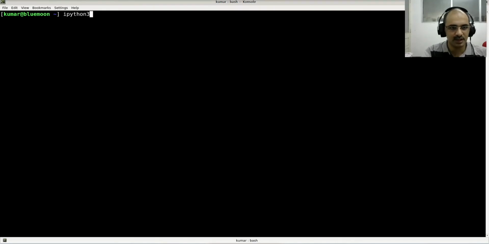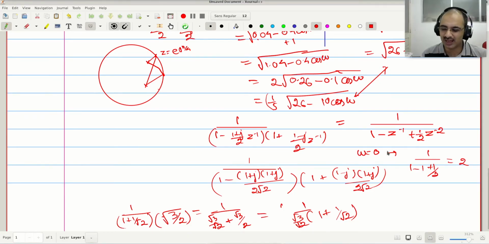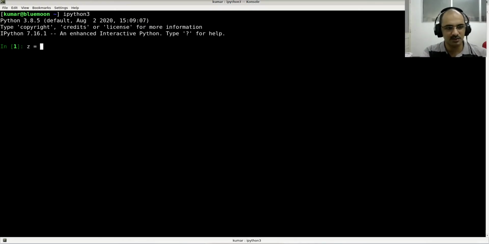So now I'm just going to plug pi by 4 into this particular expression. I'll import numpy as np. z is equal to np.exp(1j times np.pi upon 4).